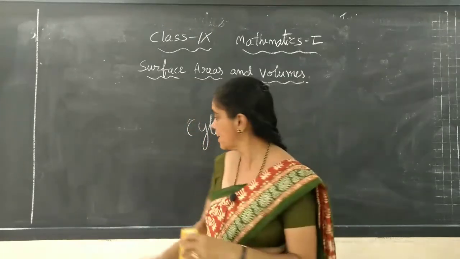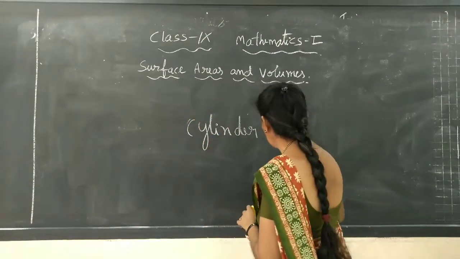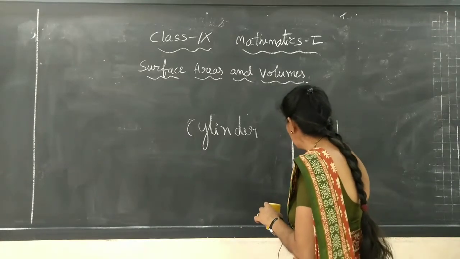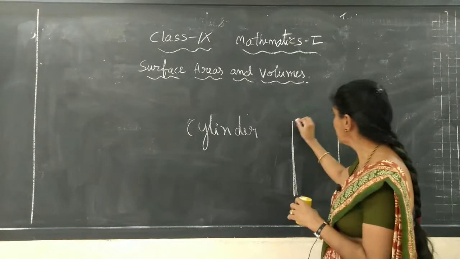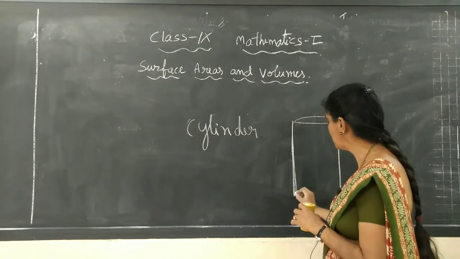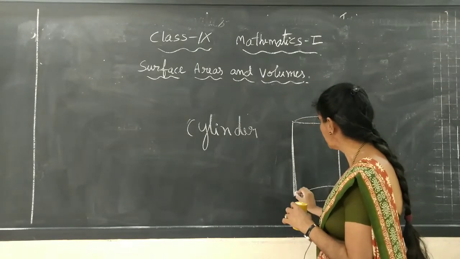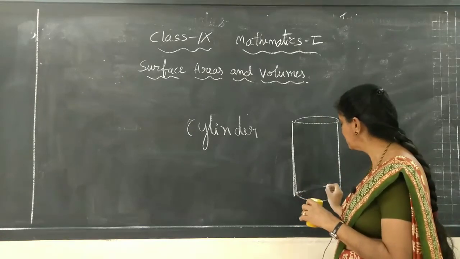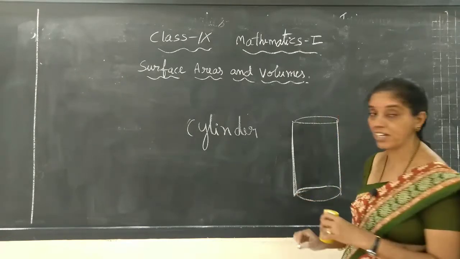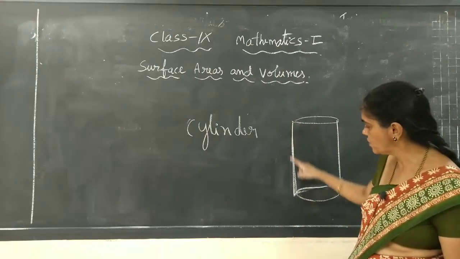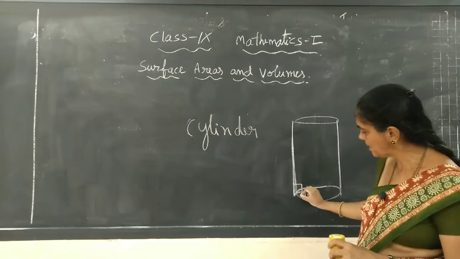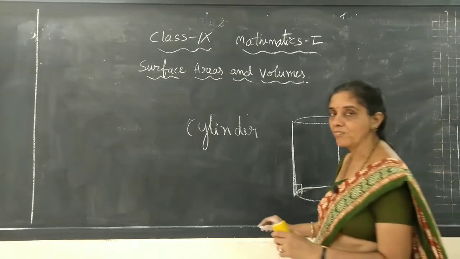If I draw the diagram here, this is the curved surface of the cylinder, and this is the base and the top. One is the base and one is the top of the cylinder, which is circular in shape. And here the curved surface and the base make exactly 90 degrees.